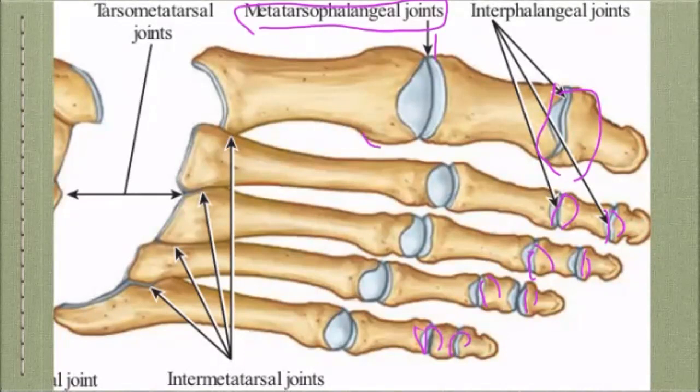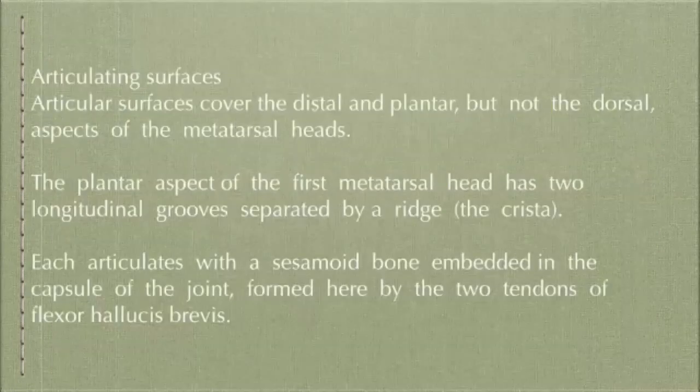A tubercle exists at the side of the head. Okay, tubercle of the metatarsal sides. At the sides of heads of metatarsal, there are tubercles of the metatarsals, right? So articulating surfaces between the head and phalanges.